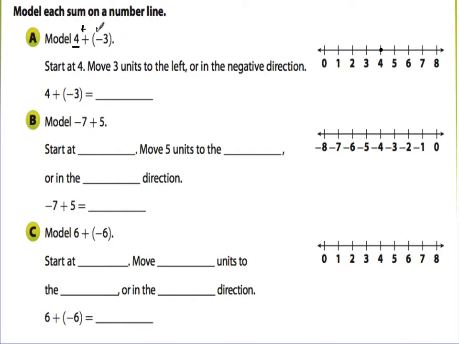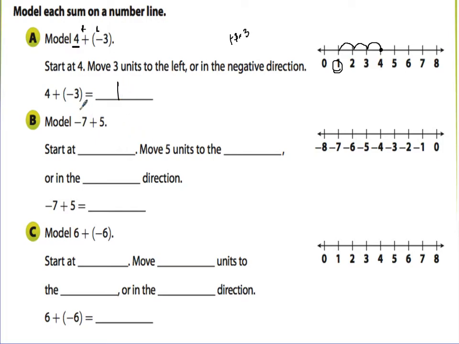But then we have the negative sign that undoes that and says actually move to the left. So we're going to move left 3 spaces because we take the absolute value of negative 3 and get 3, and that tells us how many spaces we move. So 1, 2, 3. So in this case, 4 plus a negative 3 gives me a positive 1.